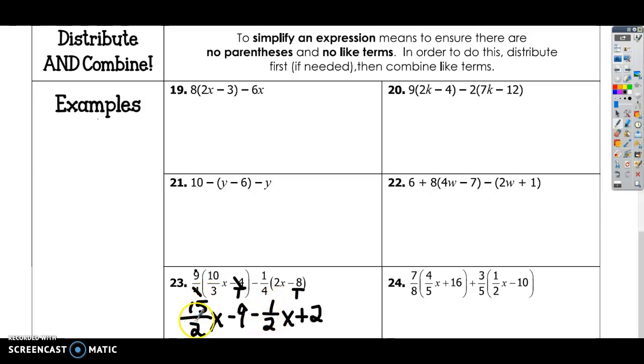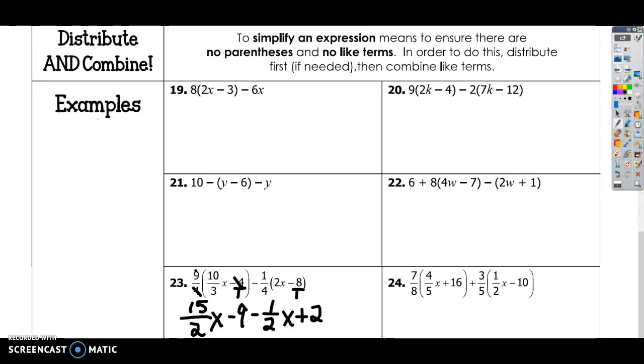So 15 minus 1 is 14 halves, and 14 halves is just 7, or half of 14 is 7. Negative 9 plus 2 is negative 7. So that simplifies down to 7x minus 7. So not too bad.